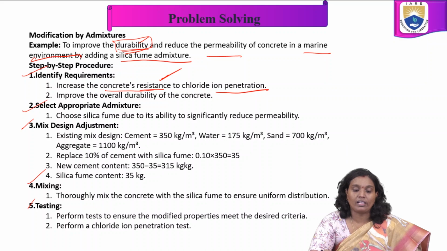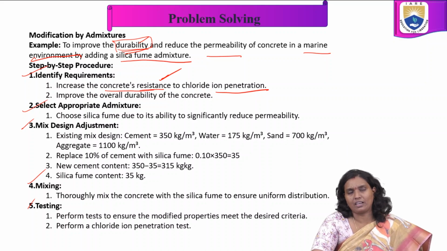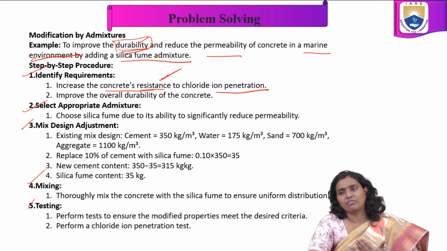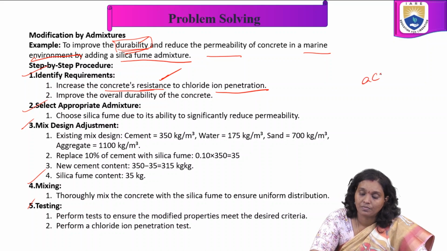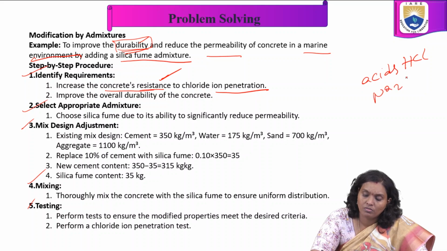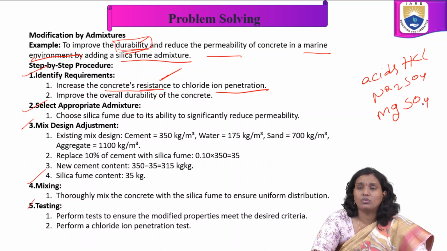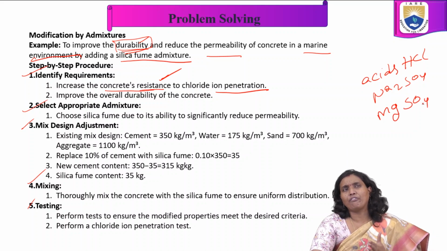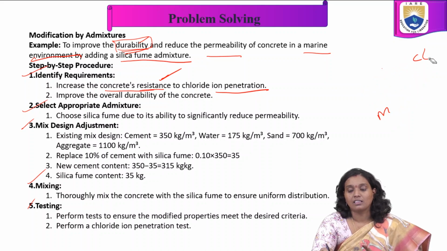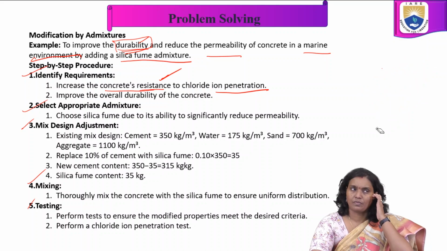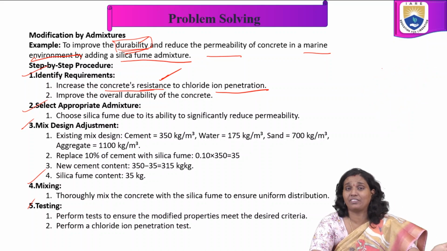In this, concrete resistance to chloride ion penetration matters, as various chemicals, such as acids like HCl, or Na2SO4 or MgSO4, magnesium sulfate, these various kinds of sulfates and acids attack structures in marine environments. Not only these, but many different chemicals.